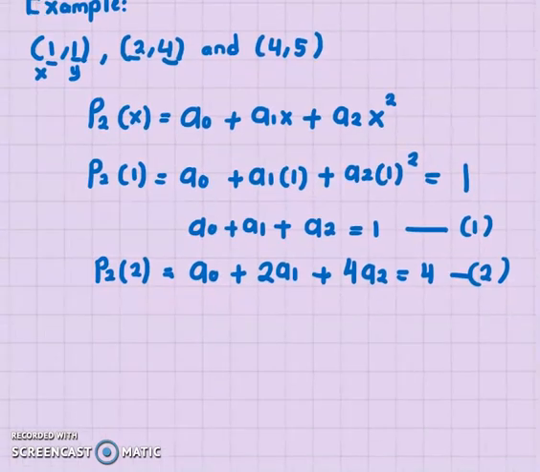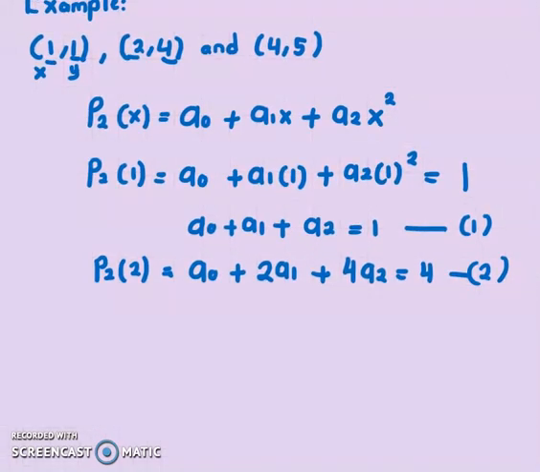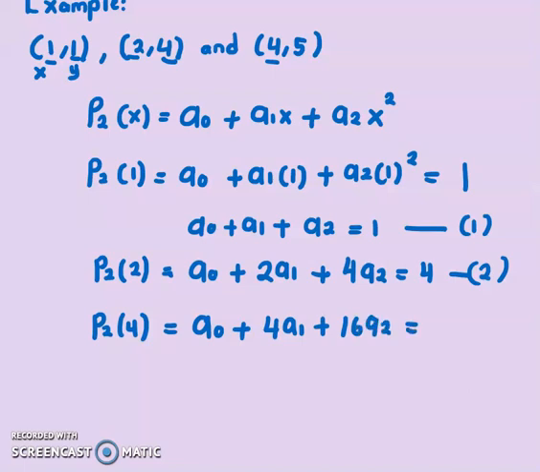Now we have another equation, for x equals 4. p2(4) is a0 plus 4a1, my x is 4, 4 squared is 16, so 16a2, equals 5.